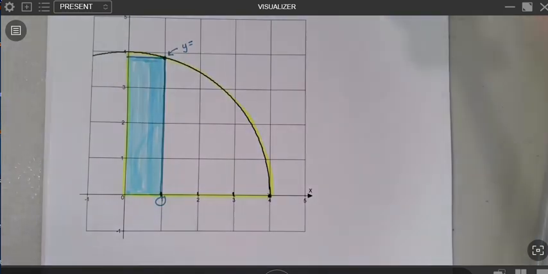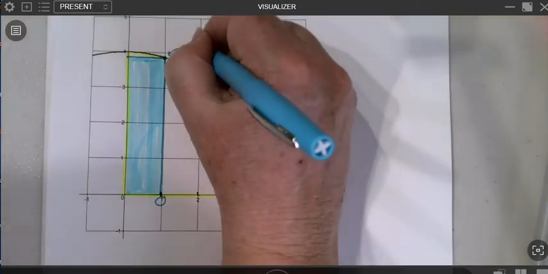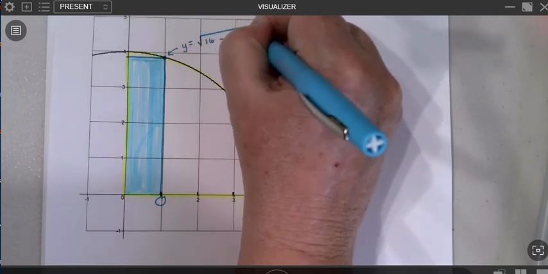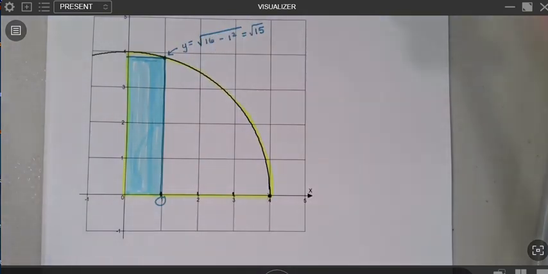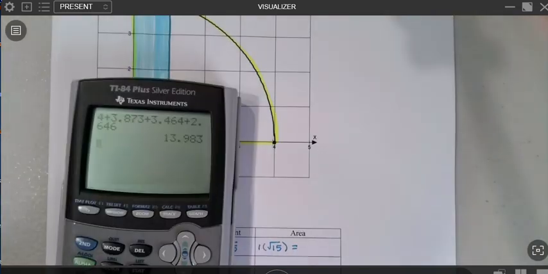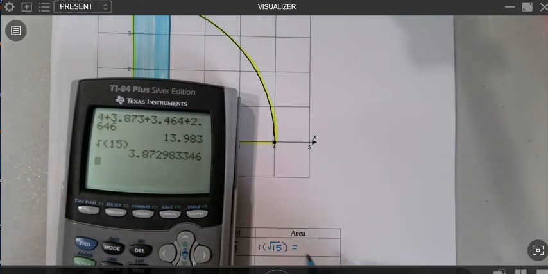The y value that determined the height there was the one for x equals 1. So the square root of 16 minus 1 squared, or the square root of 15, is now the height of that first rectangle. So base of 1, height square root of 15, and that gives me an area of about 3.873.